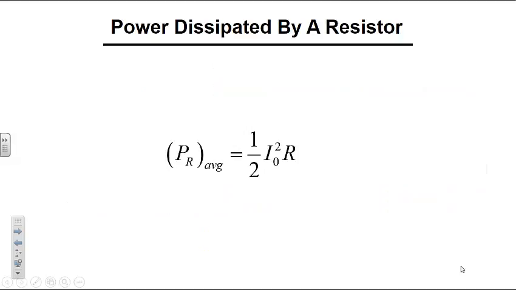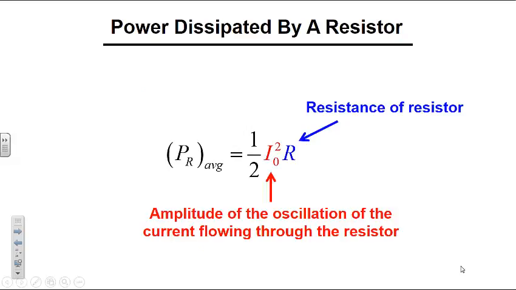This is the equation for the average power dissipated by a resistor. It depends upon the amplitude of the oscillation of the current flowing through the resistor and the resistance of the resistor. The number 2 in the denominator takes care of the oscillating nature of the EMF and the current. We don't need to include any exponential terms.